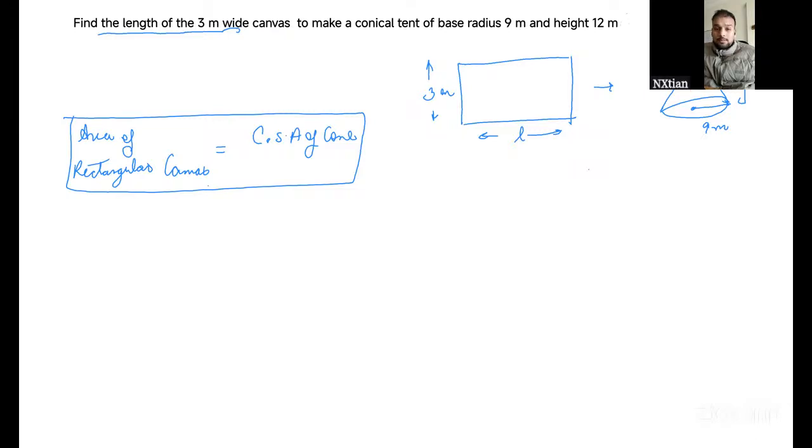Canvas is basically a cloth. This canvas is used as a mold so that the cone shape can form, so whatever the area is, you have to write it down here. Understood?